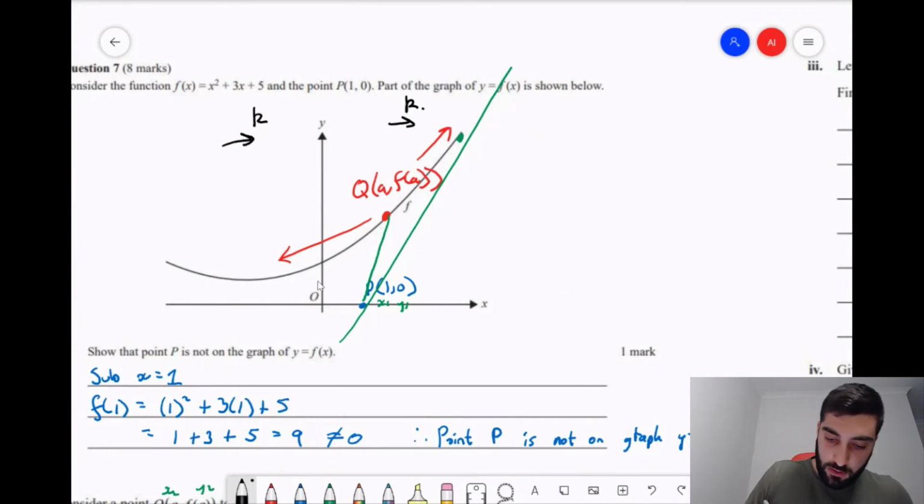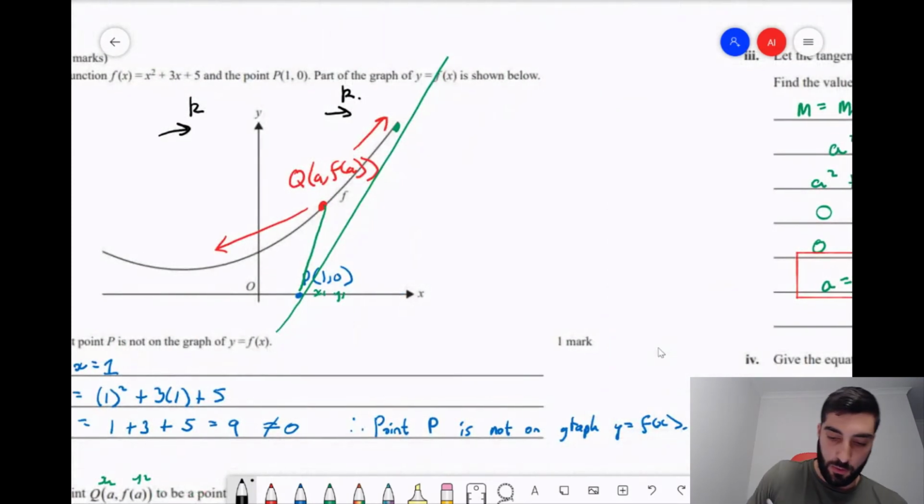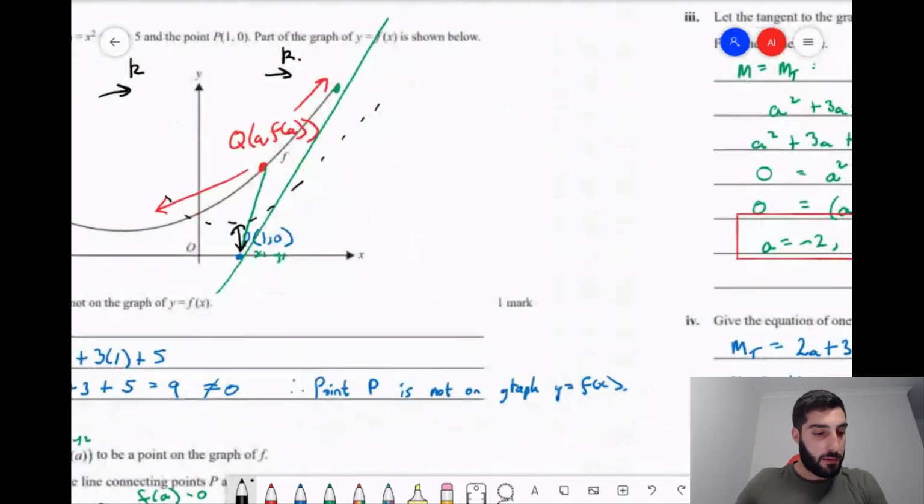If you've got a strong understanding of what the question is saying, it should be clear that if we translated the minimum value of this function, the turning point, and shifted it just enough so the turning point was right above point P, that would give us the smallest possible distance between a translated version of this function and point P. It would look something like that after it's been translated. So this distance here is a minimum. We want that distance to be a minimum.